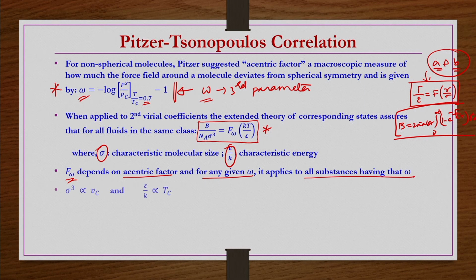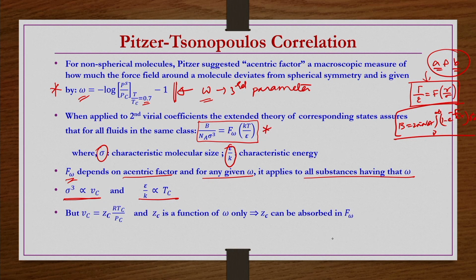Further, sigma cube is proportional to Vc, and epsilon by k is proportional to Tc. Applying them here we can write Vc as Zc RTc by Pc, where Zc is Z0 plus some function of Z1.